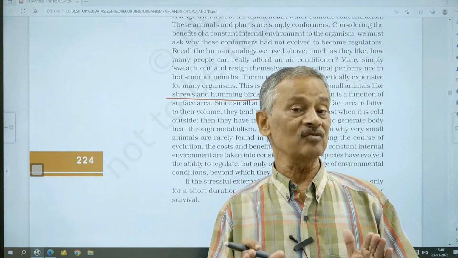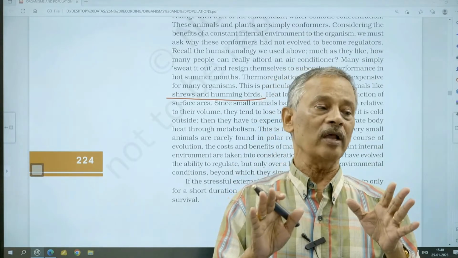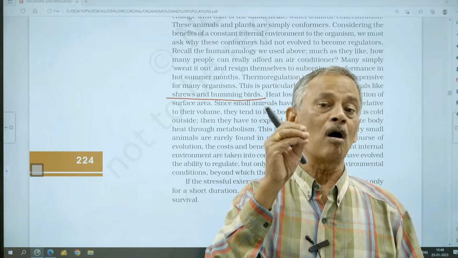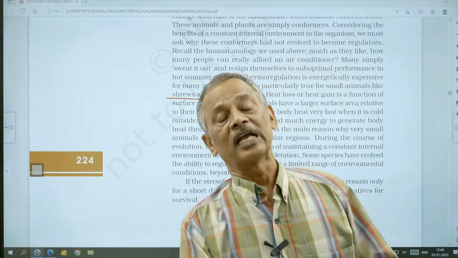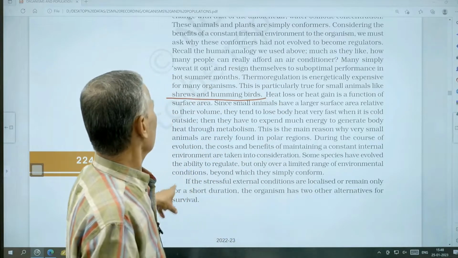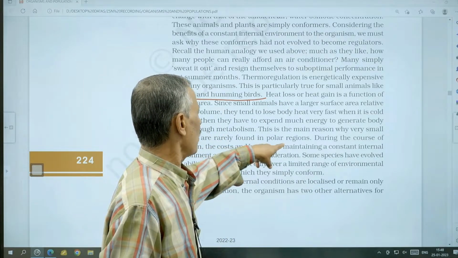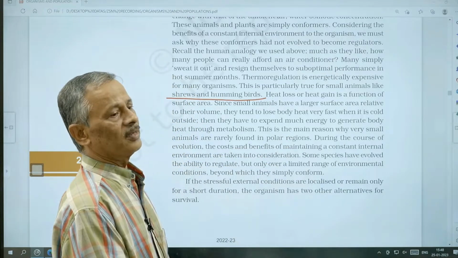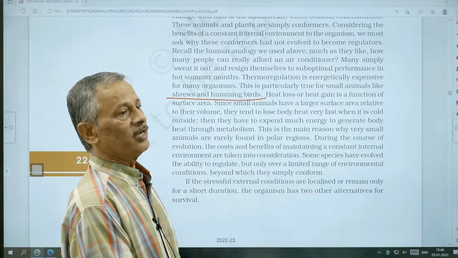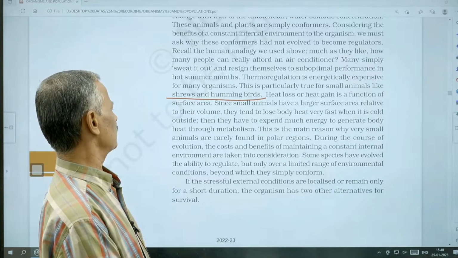What is that Allen's rule? Warm-blooded animals living in polar areas will have small extensions or protrusions in the body. Small animals are rarely found in polar regions, and usually these warm-blooded animals are larger in size. That is Bergman's rule.